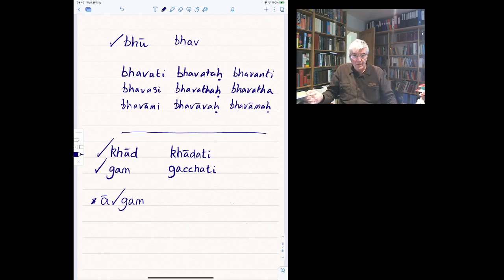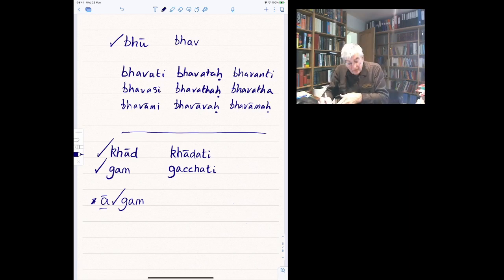In Sanskrit and Pali, this is done by prefixes rather than suffixes, but it's precisely the same idea for both languages. And when we are writing out a verb with root plus prefix, by convention, we put the prefix, this a here, followed by the root sign, followed by gam. It's just a linguistic convention. So agam, gam means to go, agam means to come.